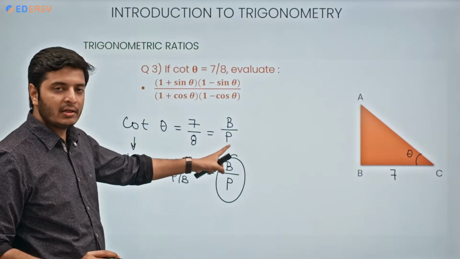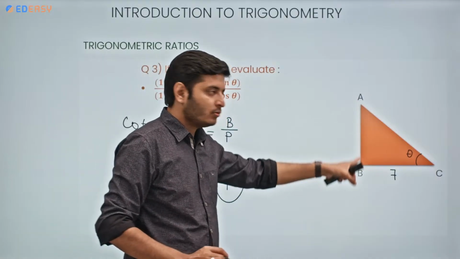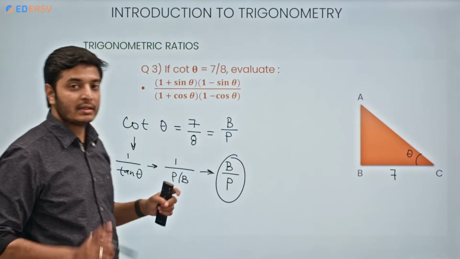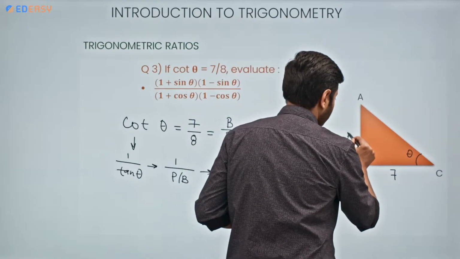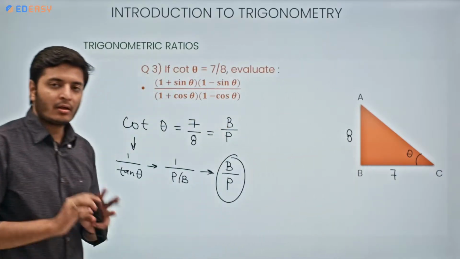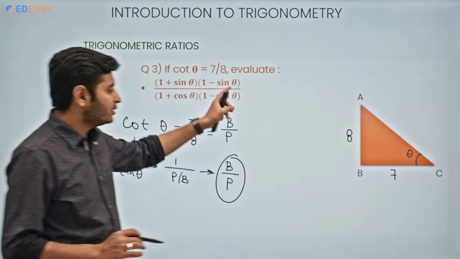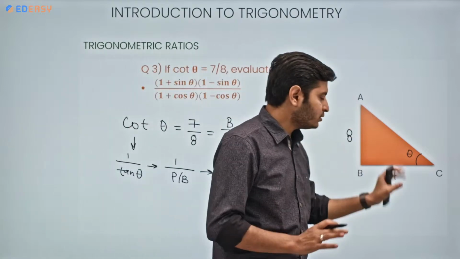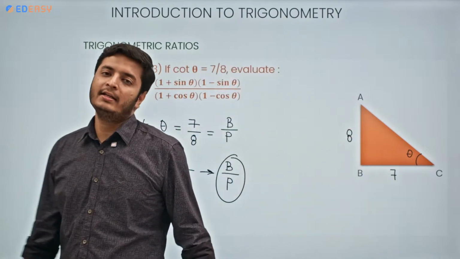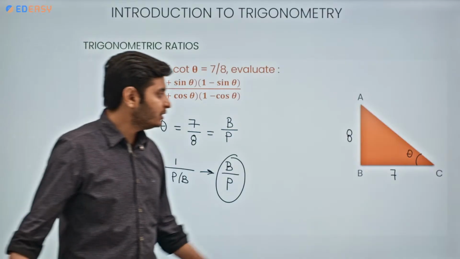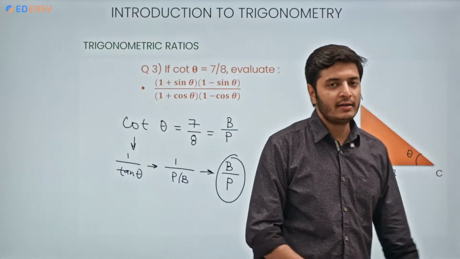And perpendicular is the side opposite, so AB is the perpendicular, value is 8, again not centimeter. Now this information is useful because now we know the value of at least two of the sides. If we know the value of these two sides, can we find the third side?